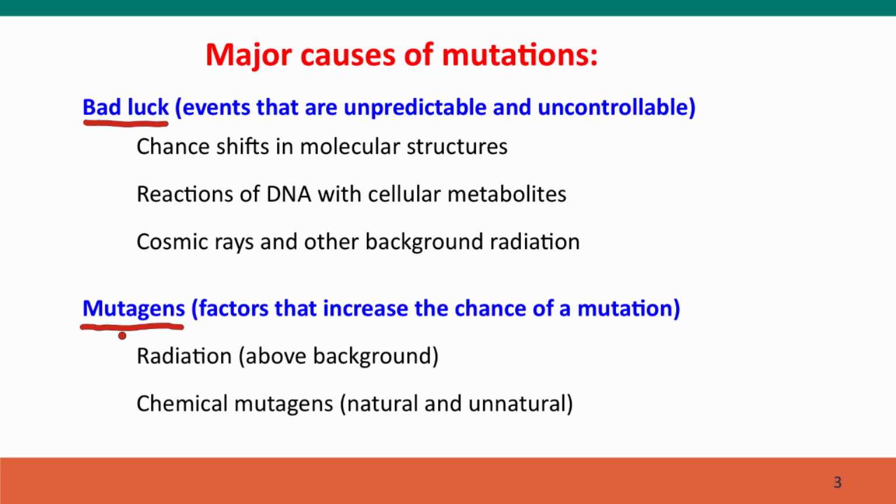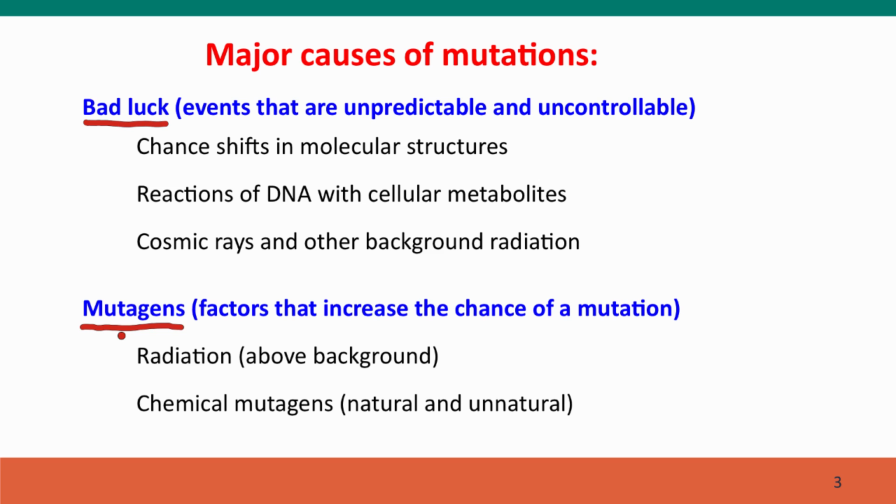There's also the fact that our cells are full of very reactive chemicals generated as byproducts of normal cellular metabolism. And these reactive chemicals can react with our DNA. We're also subject to constant bombardment with cosmic rays and other background radiation, all of which can cause mutations, but we have no control over.